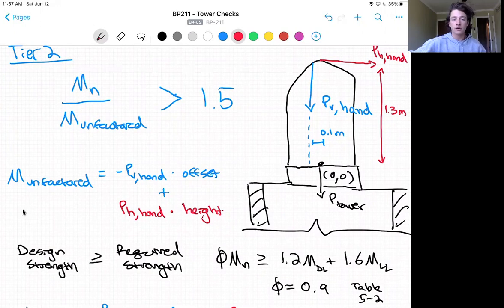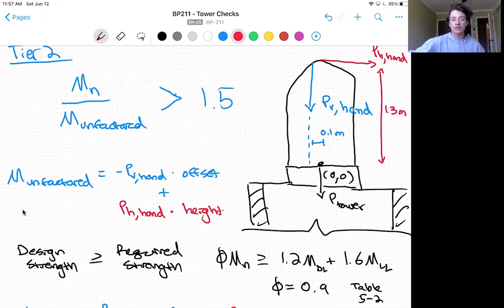Required strength comes from load factors multiplied by our service load effects. Our service loads here being MD and ML, and our load factors being 1.2 and 1.6. So we'll take this to be 1.2 MD plus 1.6 ML. More information about the specifics can be found in Section 9.1 of the provided ACI 318 notes document.